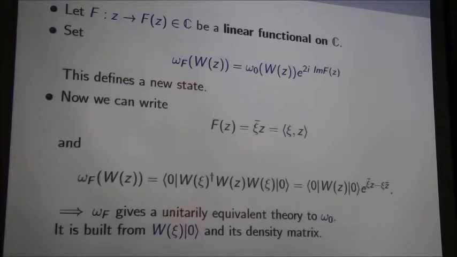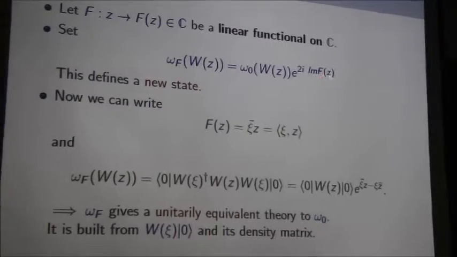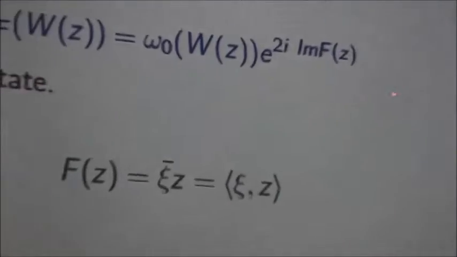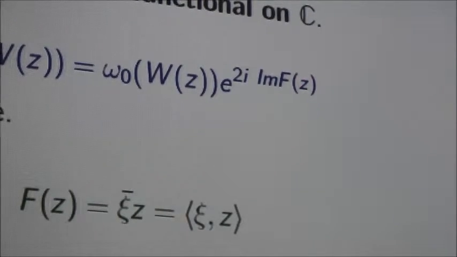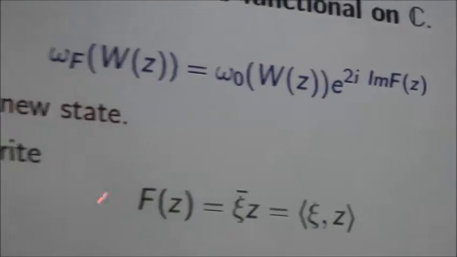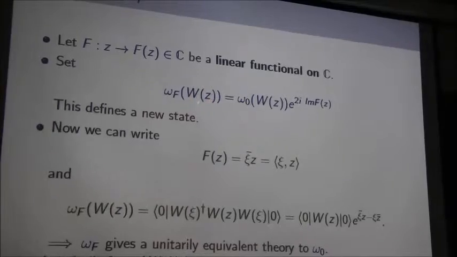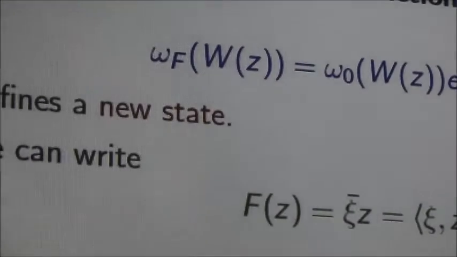Now I want to change that. So I say that omega F on W of Z is omega 0 W of Z, which I know already, times this extra factor here. But this F here is linear in the variable Z. So it is a linear functional on this Z. This will define a new state.